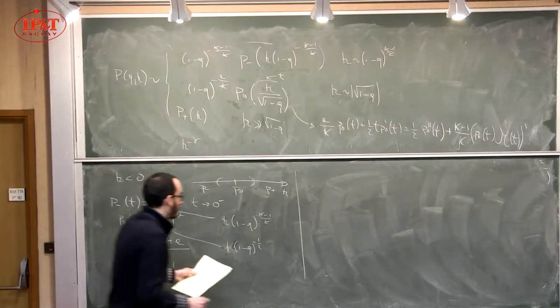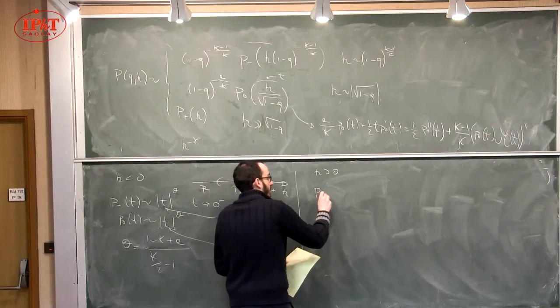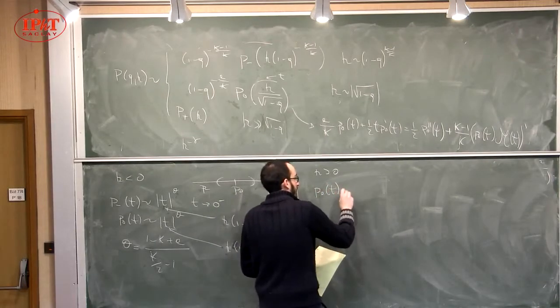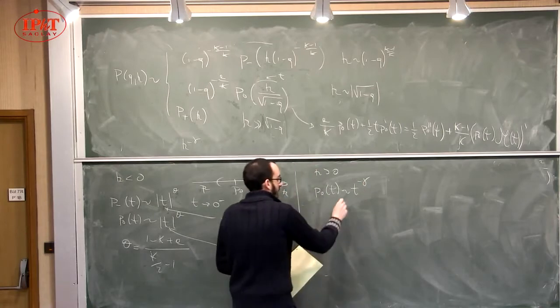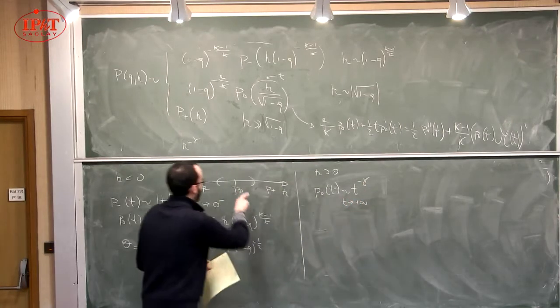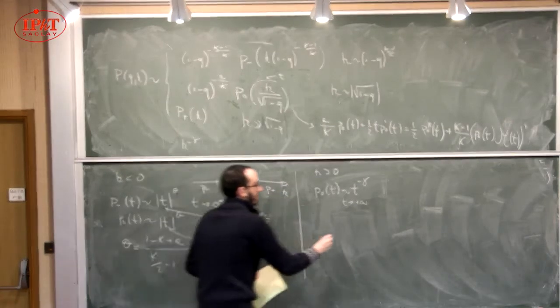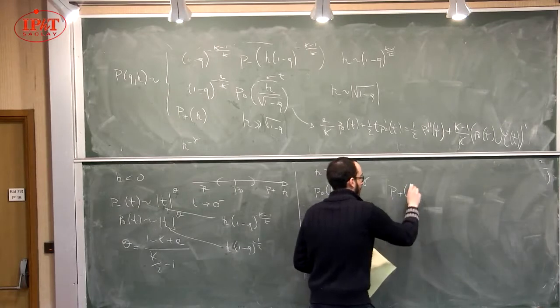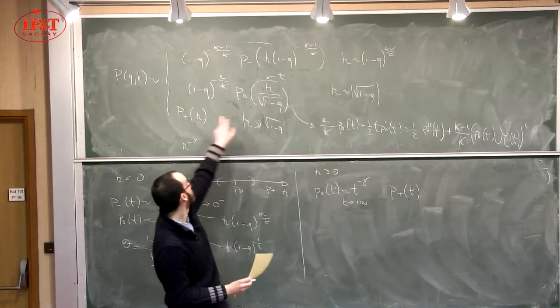Okay? So for h positive, you have p0 of t goes like t to the minus gamma, when t diverges. So you are pushing this regime in this direction, and p plus of t, now this t is h.